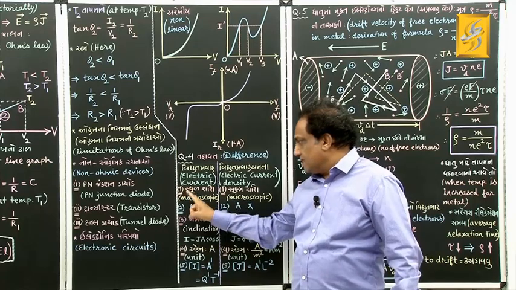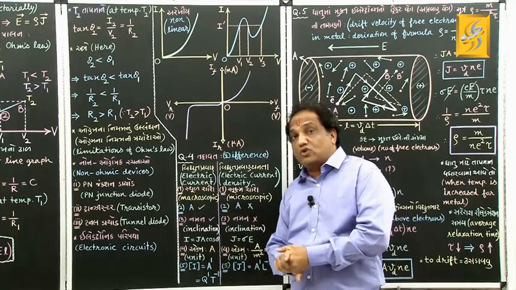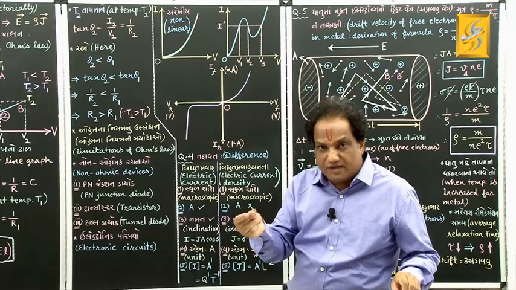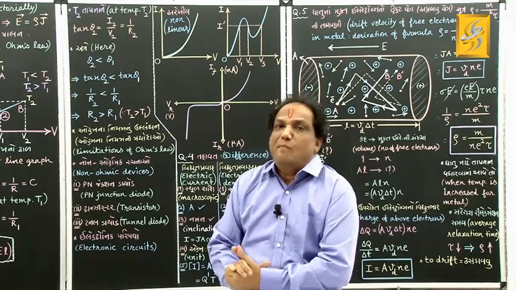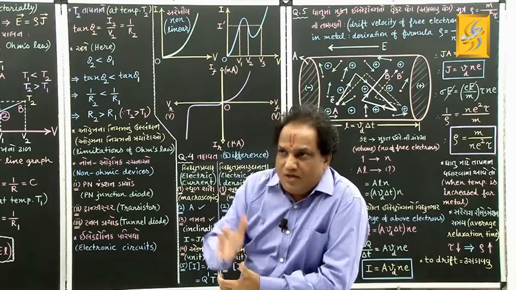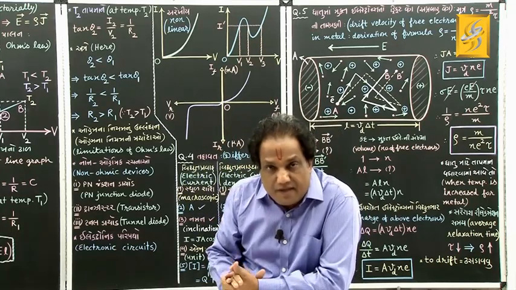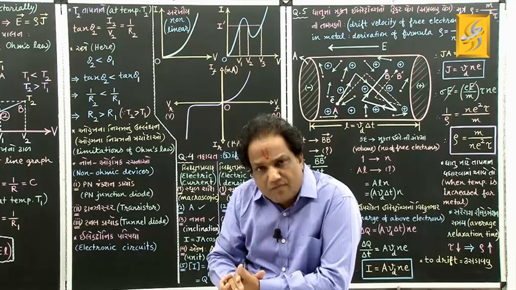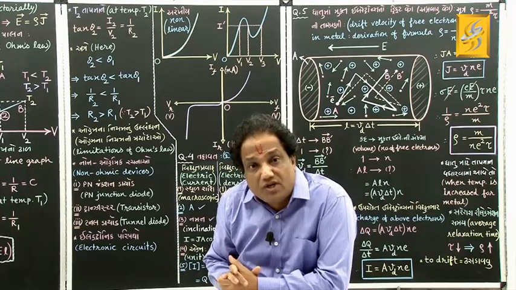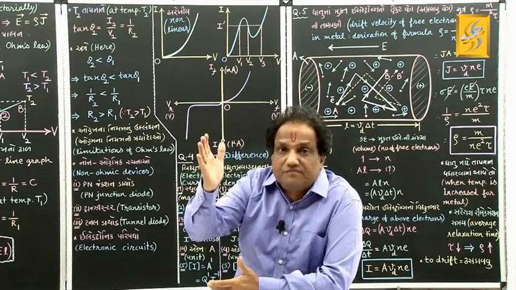First point, electric current is a macroscopic quantity. Why? Whenever electric current is set up in a conductor, what actually happens? A very large number of electrons drift, correct?